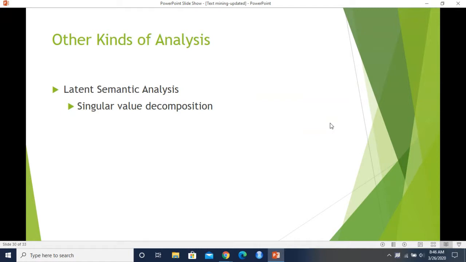Some other kinds of analysis. So we can visualize all three of the lexicons. Latent semantic analysis and singular value decomposition are some more advanced analyses.